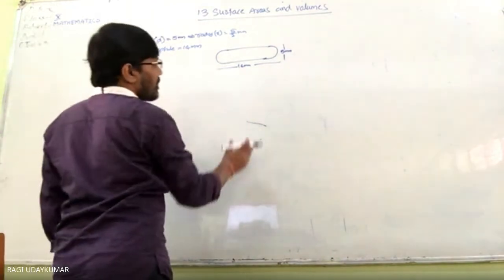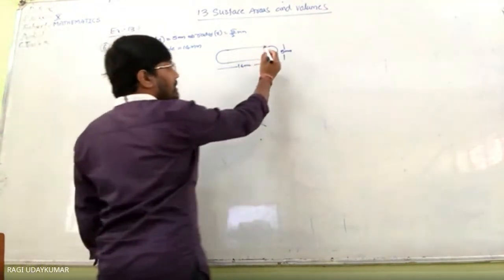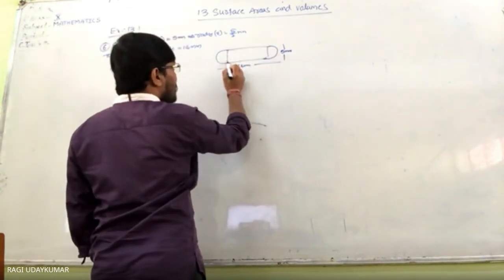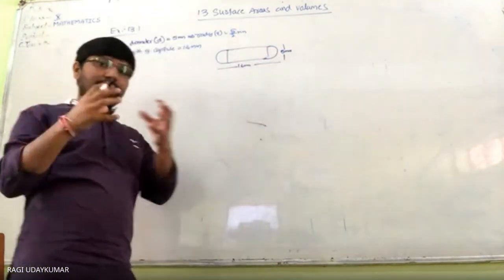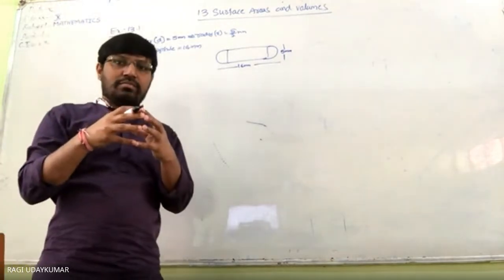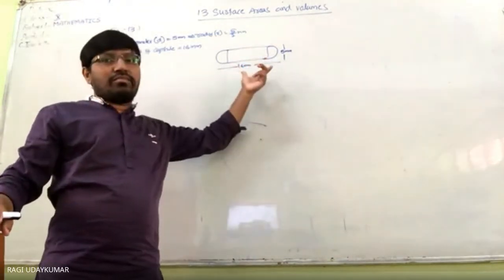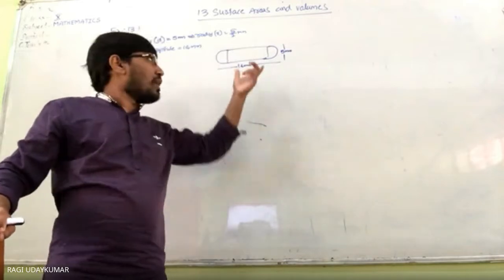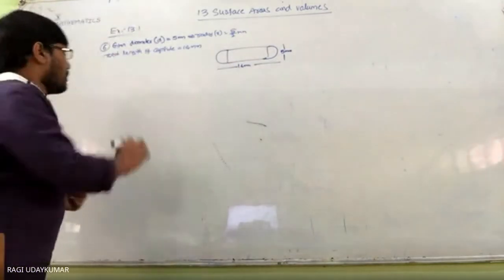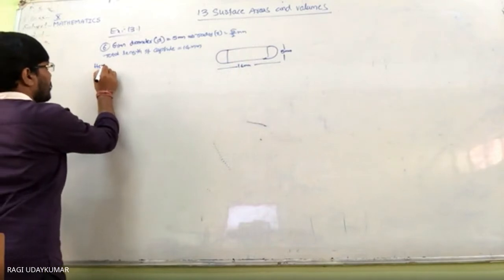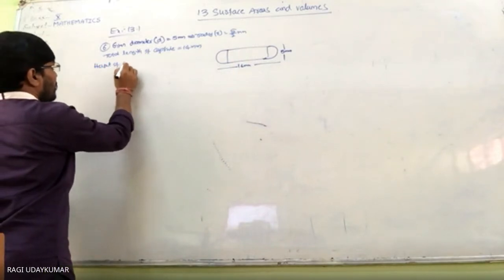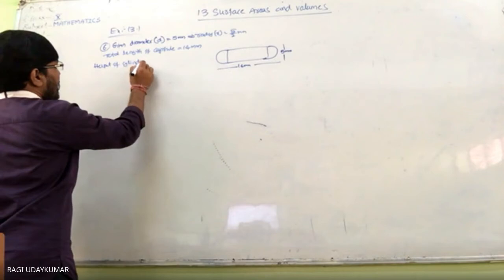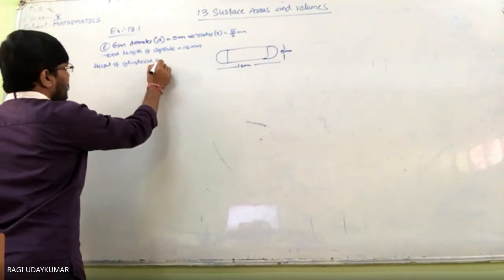Now, length हमको क्या चाहिए इधर? Whenever this is hemisphere, two hemispheres together will make the one sphere, and this is cylindrical. So cylindrical का surface area 2 pi r h. So you need height of the cylindrical part.